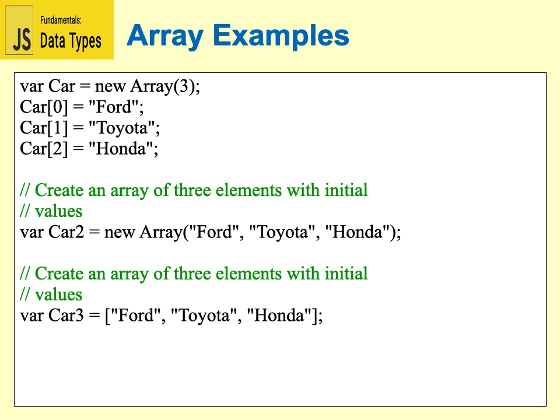This is one method of creating an array. We can directly initialize all these values when an array is declared, where car2 is equal to new Array of Ford, Toyota, Honda. So automatically car2 of 0 is initialized with Ford, car2 of 1 is initialized with Toyota, and car2 of 2 is initialized with Honda.